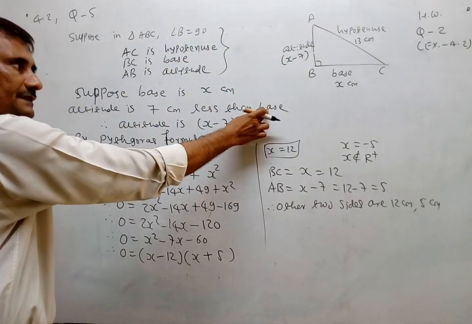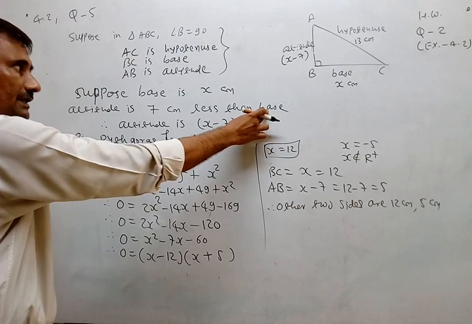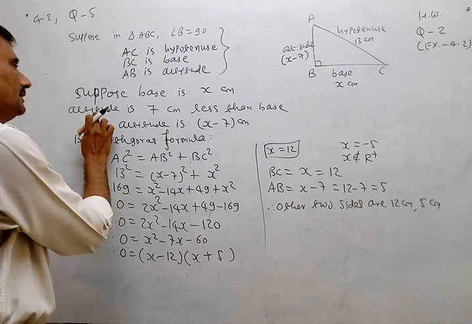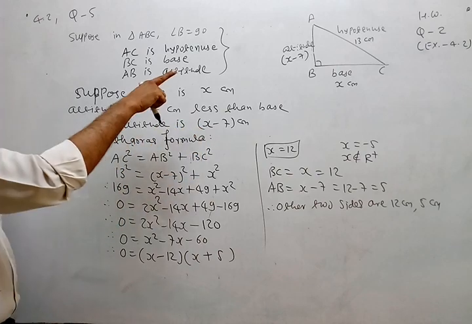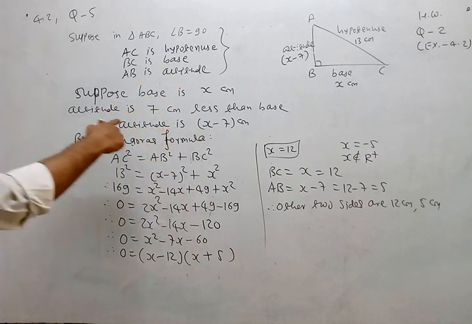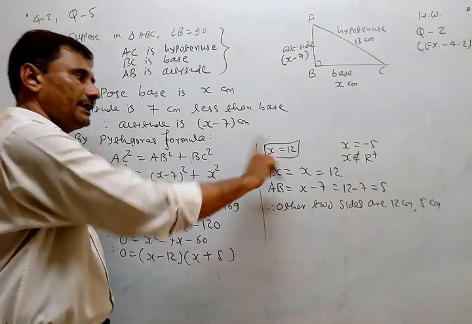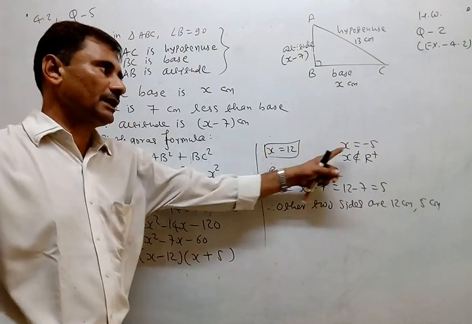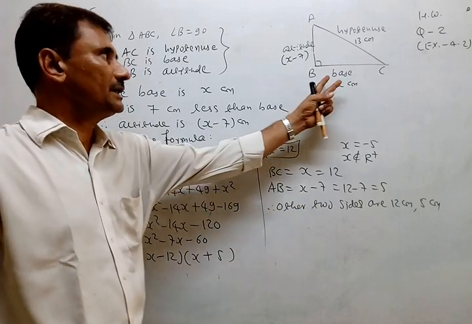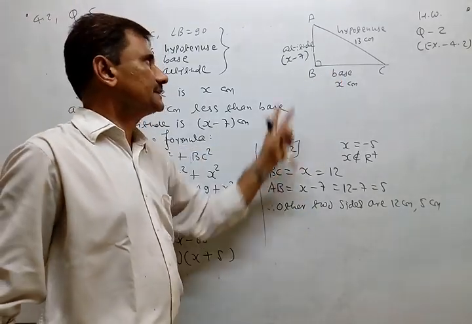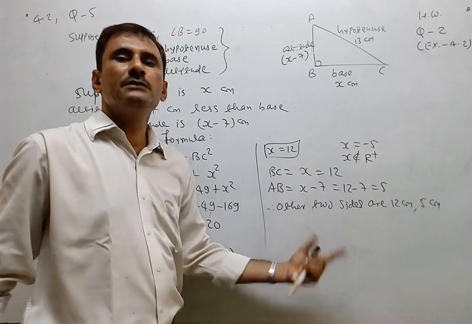Suppose according to the last side or last thing, so that you can find the starting things very easily. Then always use Pythagoras formula whenever a right angle triangle is given. Simplify, find x. Positive is to be taken, negative is to be neglected. Then whatever they ask, you answer. If they ask only base, give only base. If they ask both, give both answers.